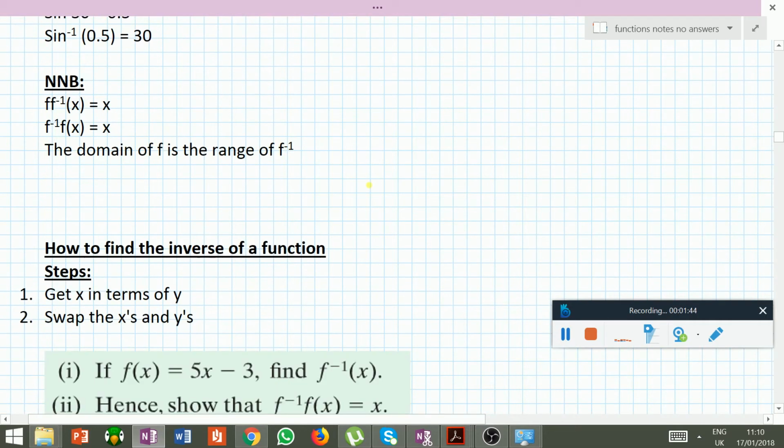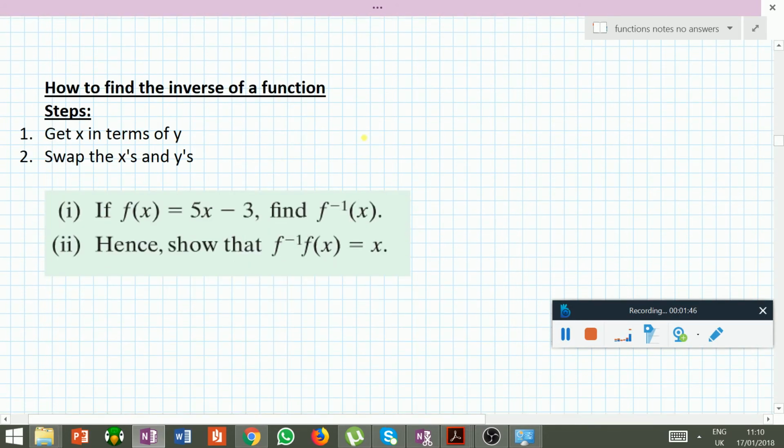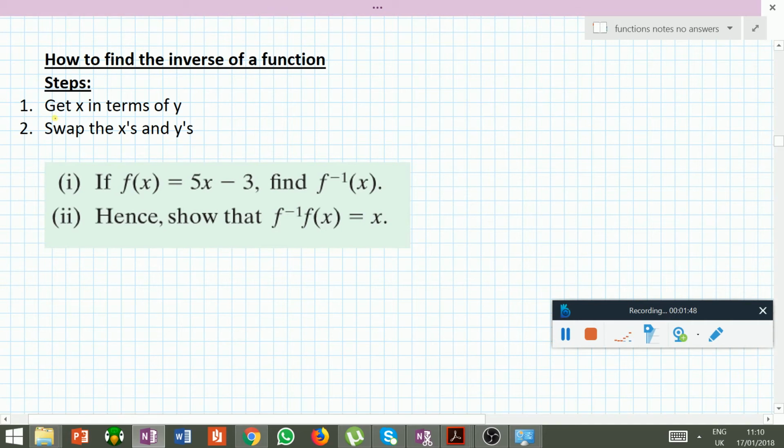Now, we need to know how to find the inverse of a function. So our steps are, first of all, we get x in terms of y, and then we swap the x's and the y's. So here's an example. You have f of x equals 5x minus 3, and you have to find the inverse function. So all you do is say y equals 5x minus 3.